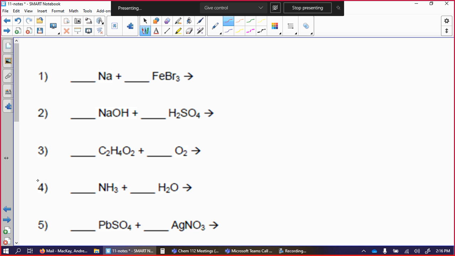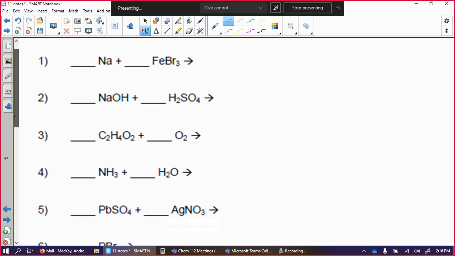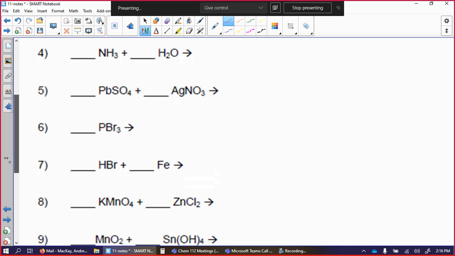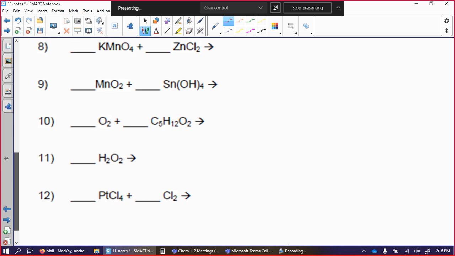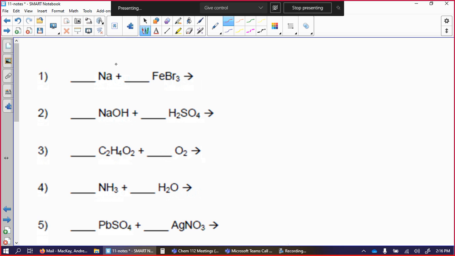Probably look at 4, which is one that's kind of special that I would never give on a test, but there's decomposition, there's some combustion. So sodium is an element. FeBr3 is iron 3 bromide. That's a compound. So if it's an element and a compound, this is single replacement. Sodium is a metal. It makes things that are +1. It's not +1 now, but if it makes a compound, it's +1. Bromide is -1.